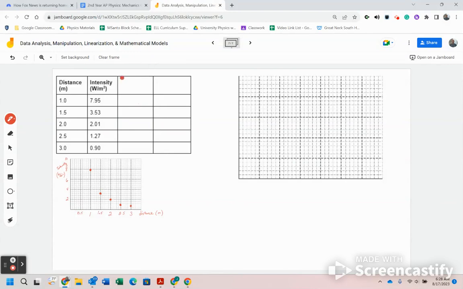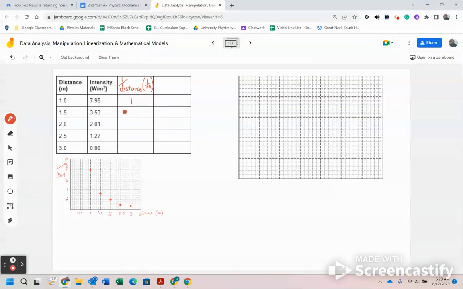So what we're going to do here is take the distance, since it's on the x-axis, and plot 1 over the distance to see if an inverse relationship is the actual relationship that exists between the intensity and the distance. This is a test, so if it turns out to be a straight line, that means the relationship holds true.